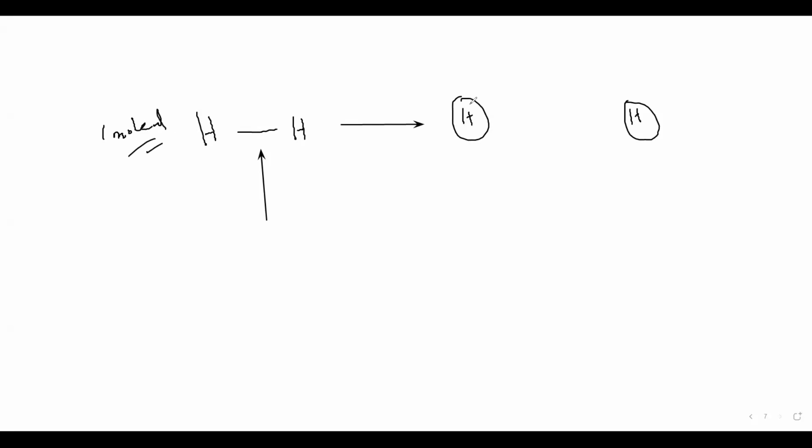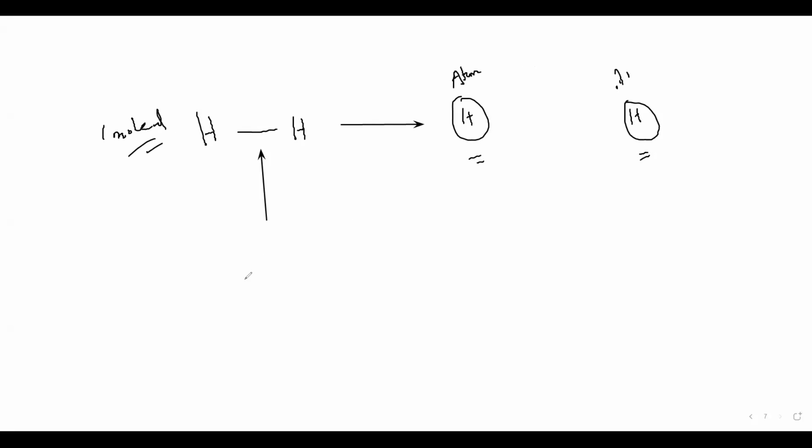Yeah. You have a hydrogen molecule. The term atomization means we produce atoms. So you have a hydrogen molecule, you supply energy, and what do you produce? You produce hydrogen atoms. So if we have 1 mole of hydrogen molecules, it will produce 2 hydrogen atoms.